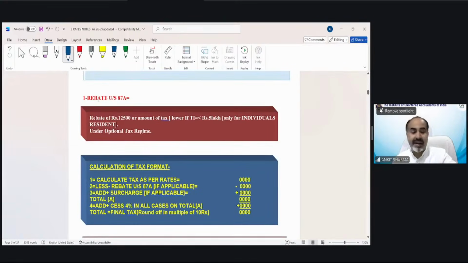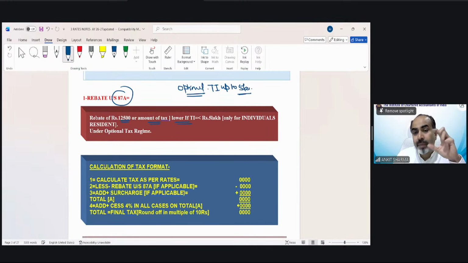Now there is a rebate, the rebate under section 87A. The rebate is 12,500 rupees or the amount of tax, whichever is lower. So in case of the optional tax regime, if your total income is up to 5 lakh rupees, rebate is a kind of discount.